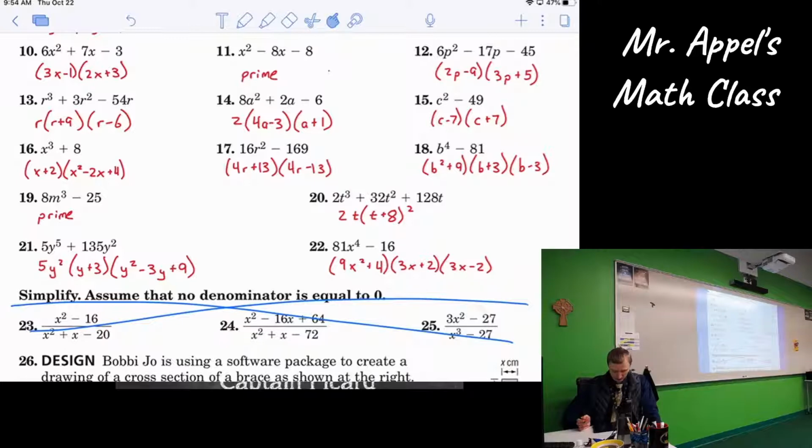And once again, skipping the division questions. Any questions so far before we hit the word problems?